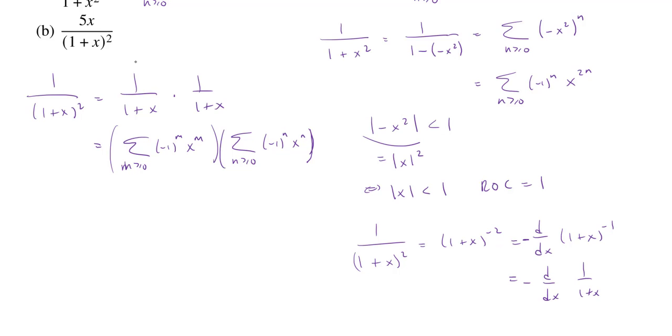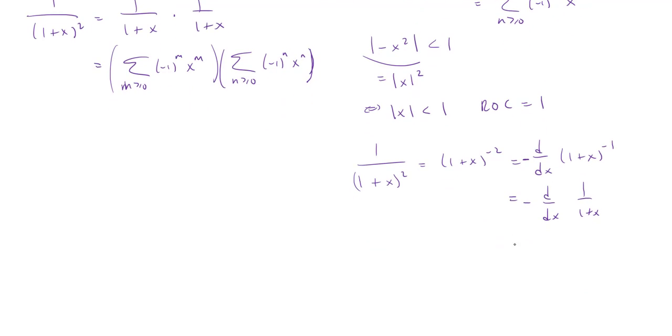Hey, that's exactly the thing we know how to compute a series expansion for. And if I go to take the derivative, I can just take the derivative term by term. And that's way easier than multiplying this out. Okay, so I can rewrite this as negative the derivative of this series starting at 0, an alternator, and then x to the n.